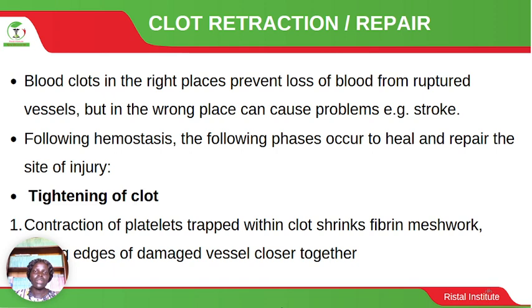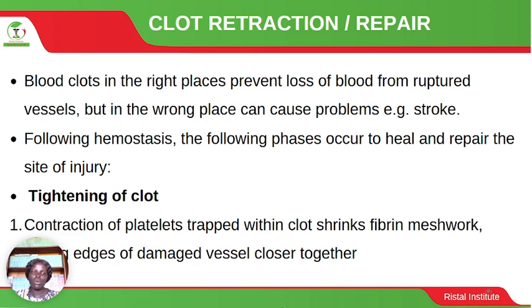So clot retraction and repair. Blood clots in the right places prevent loss of blood from ruptured vessels, but in the wrong place can cause problems. For example, they can end up causing stroke. So if you are cut by a knife and the clotting process is activated, then a clot is formed.